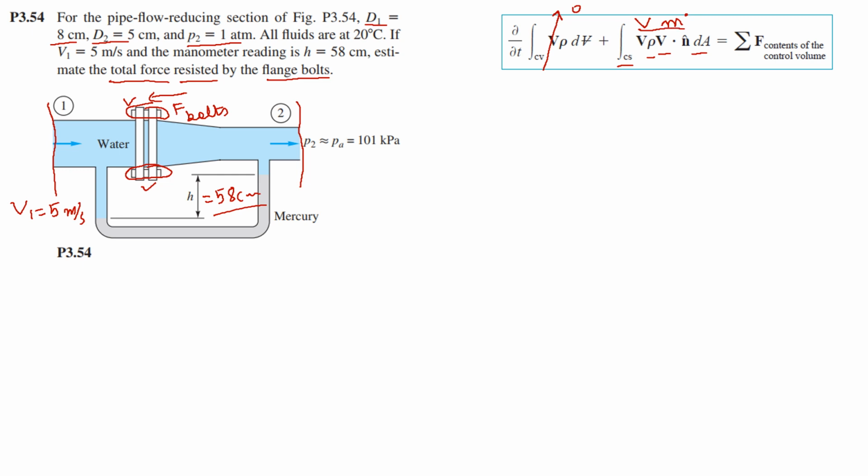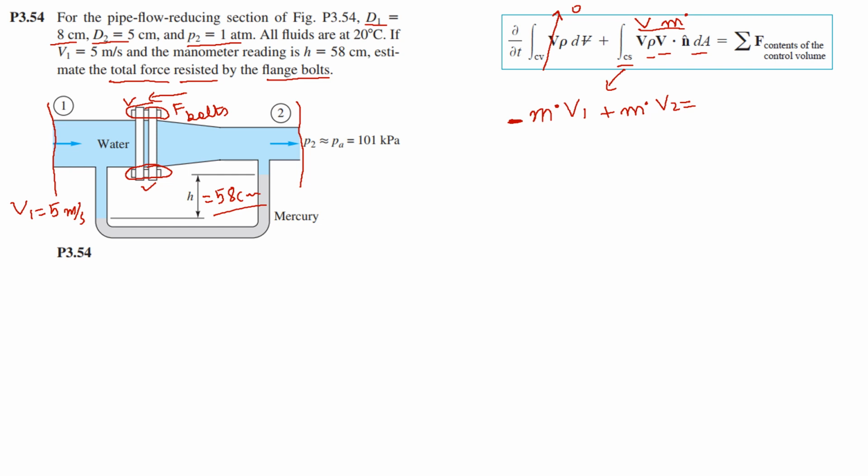So writing this for two control surfaces, so minus m dot V1, because this is the momentum at control surface 1 for the fluid going inside the control volume, plus m dot V2. So this is what our control surface system will be, that will be equated to the forces.